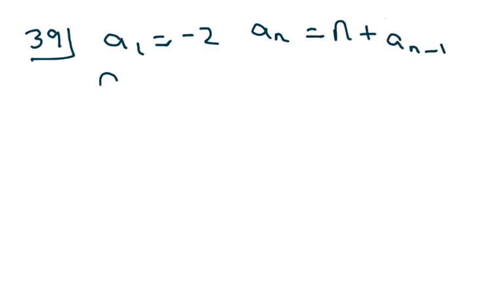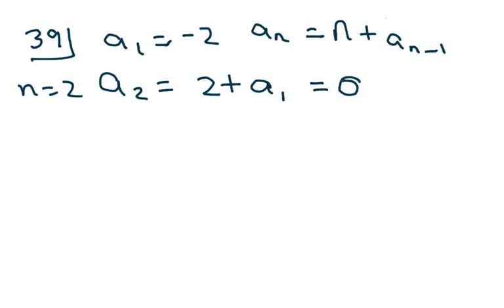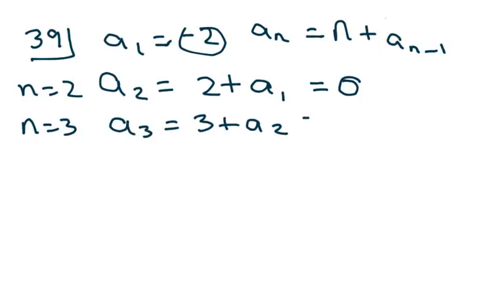So we already have a sub 1, so what's a sub 2? Well, a sub 2 is just n. My n is 2 here. So we have 2 plus a sub 1, which is 2 plus negative 2, which equals 0. So let n equal 3. So a sub 3 equals 3 plus a sub 2, which equals 3 plus 0, which equals 3.